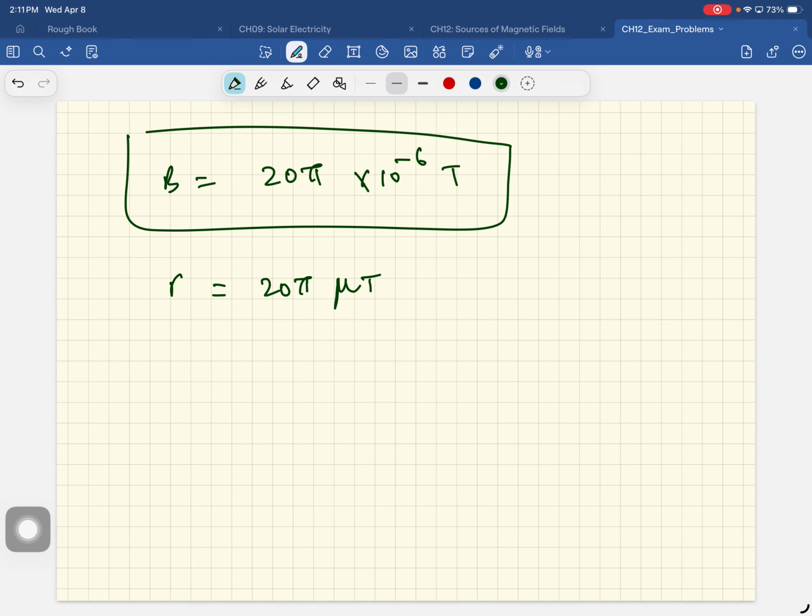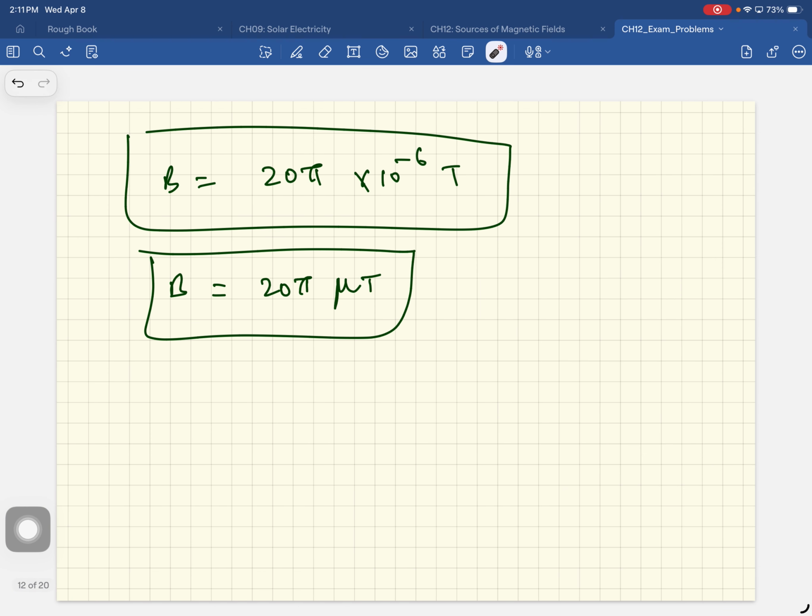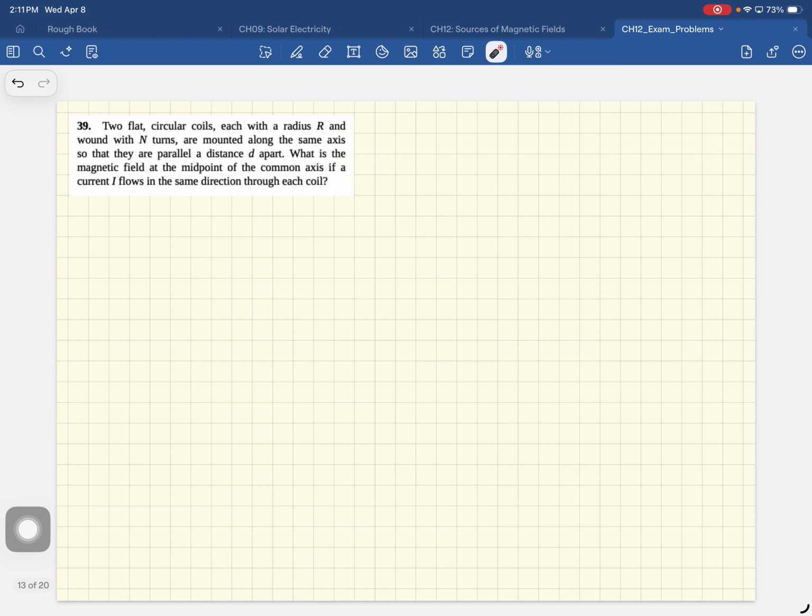Area of the loop would be pi r squared, so we'll put that in there. Then we'll clean this up.